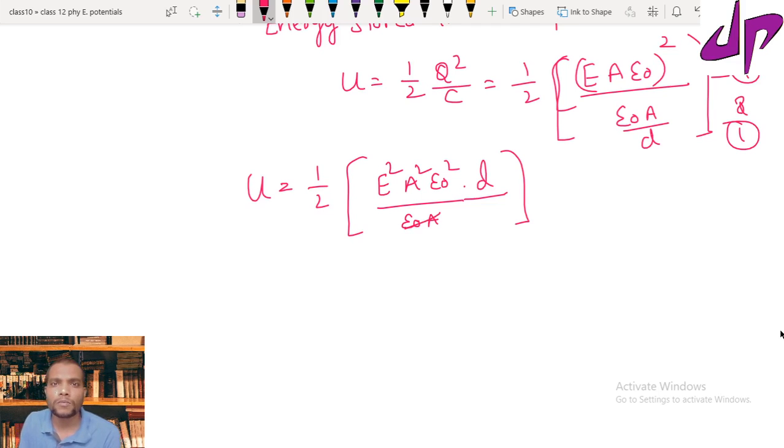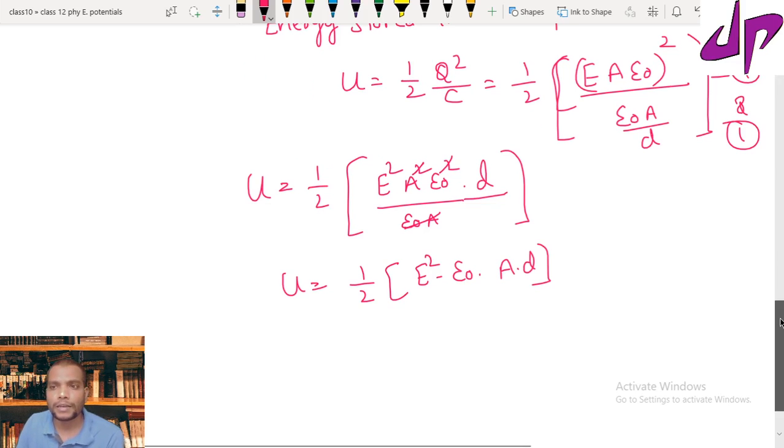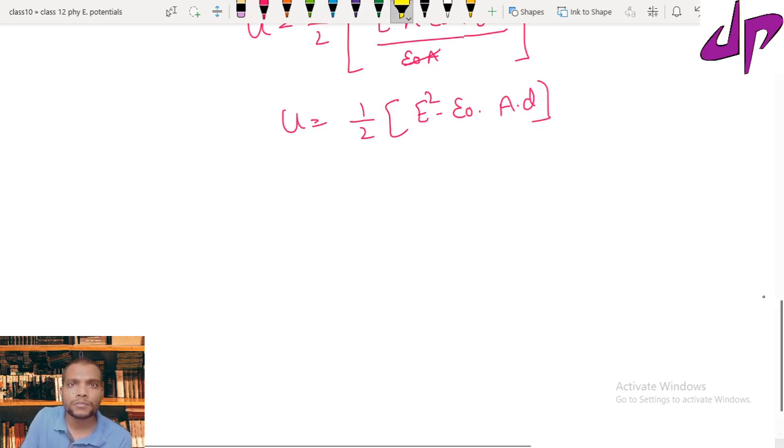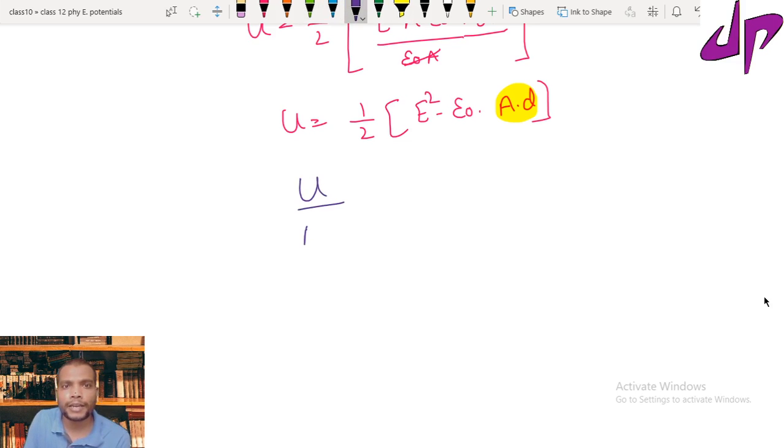One of the epsilon naught terms cancels, so I get U equal to half E square times epsilon naught times A d. Now if you bring the A d term to the other side, the energy density becomes U upon A times d, which equals half epsilon naught E square.